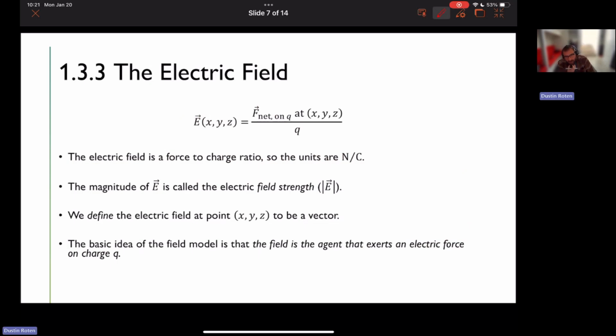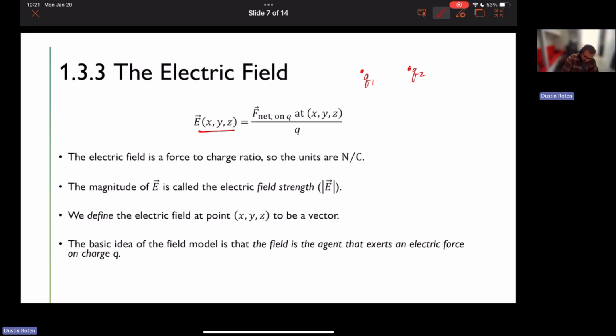Okay. Now, when we calculate the electric field, this is where it gets a little weird. But this is our mathematical definition of the electric field. To get the electric field E, we take the force on some particle. In our case, in the last example, it was Q1, Q2.